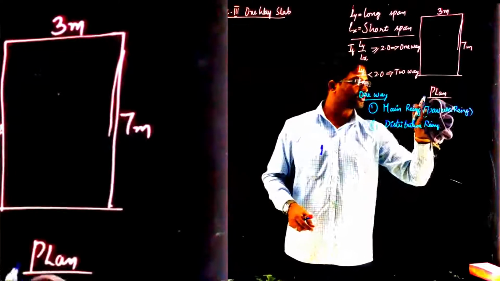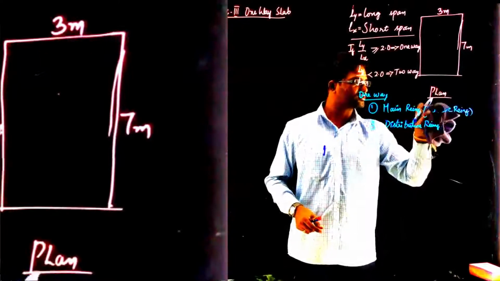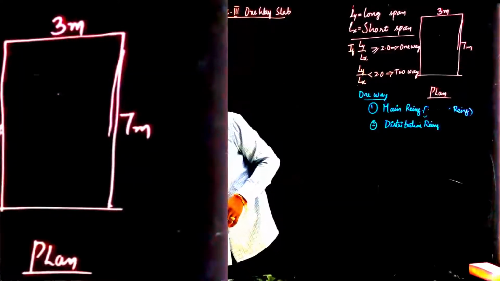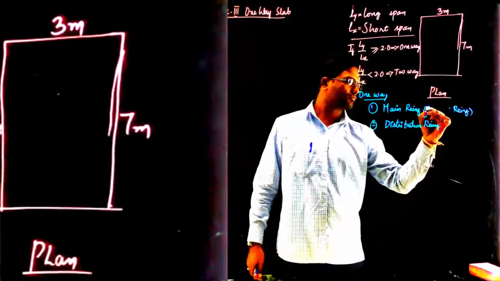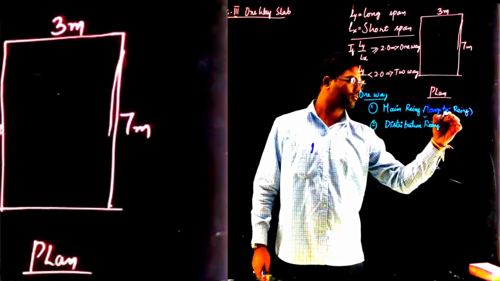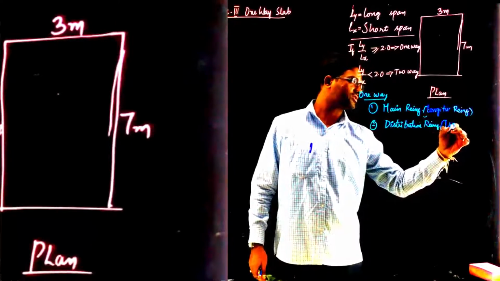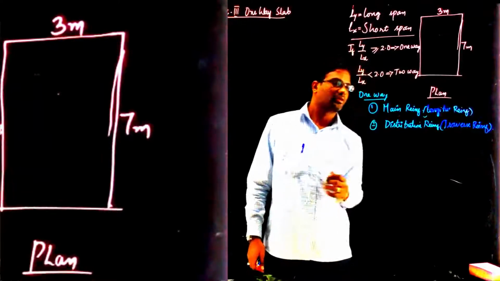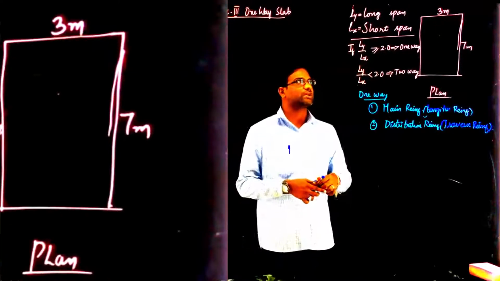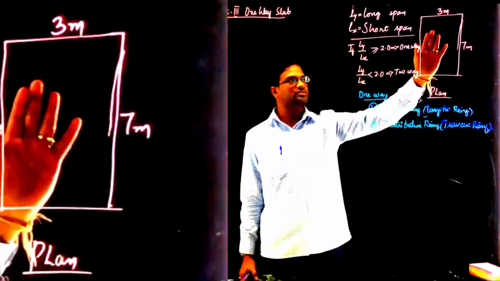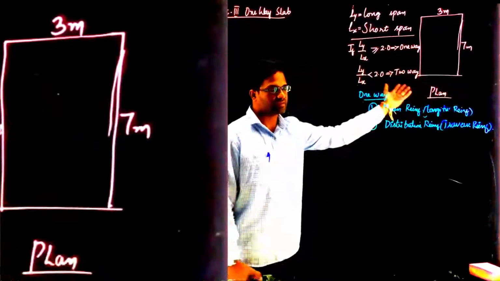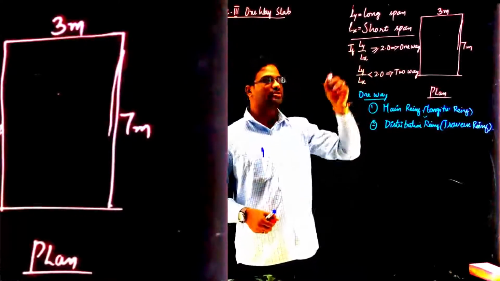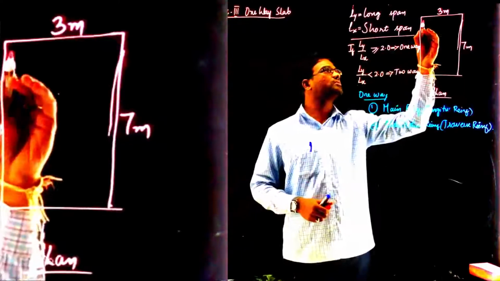Sorry, this is not transverse reinforcement, this is longitudinal reinforcement. This is called transverse reinforcement. So, as I said, this slab will bend in the 7 meter direction. So the main reinforcement is provided opposite to it, that is, in the shorter direction we will provide the steel.